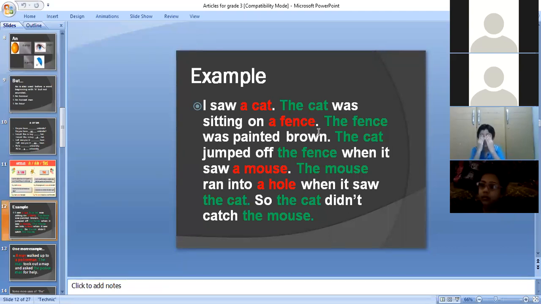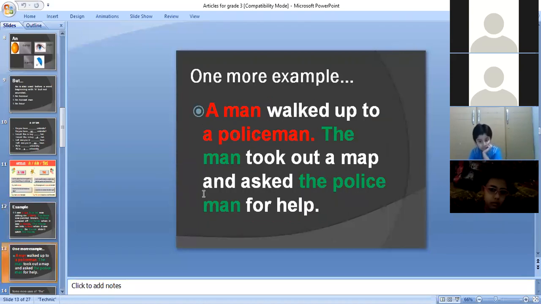Is that clear? When we mention a thing for the first time, we use "a" and "an." But when the noun is repeated, we use "the" with it. Okay, one more example. A man walked up to a policeman. The man took out a map and asked the policeman for help.